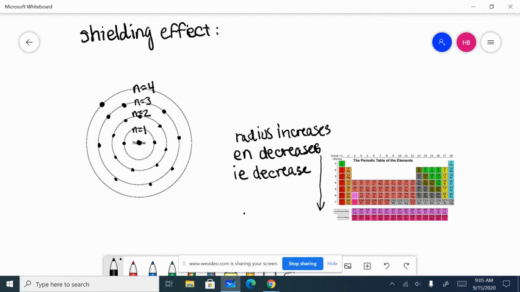What that means is that potassium is the largest, and he has a smaller electronegativity and a smaller ionization energy. This is all caused by the shielding of the protons in the nucleus.